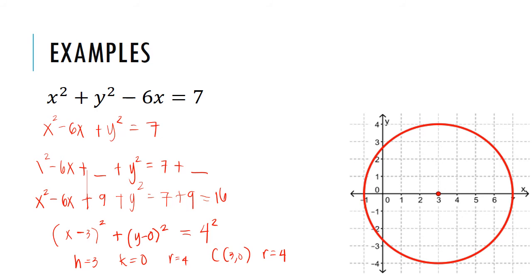We express 16 as a square because in the standard equation, remember, the constant on the right side should be a square. Therefore, we express 16 as a square. And from here, we inspect, since from the standard equation, r squared, r is 4.